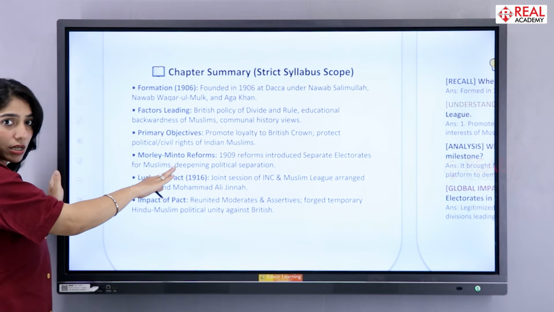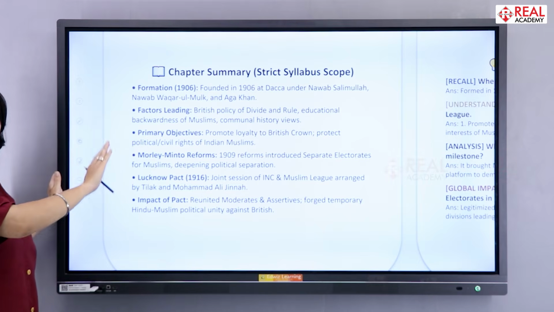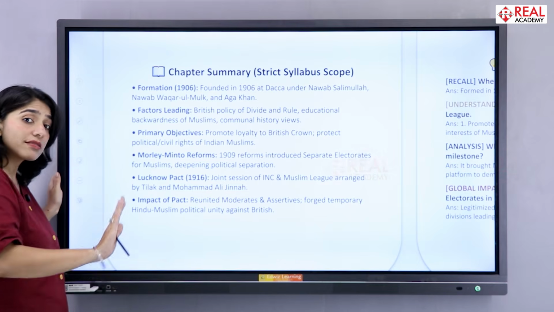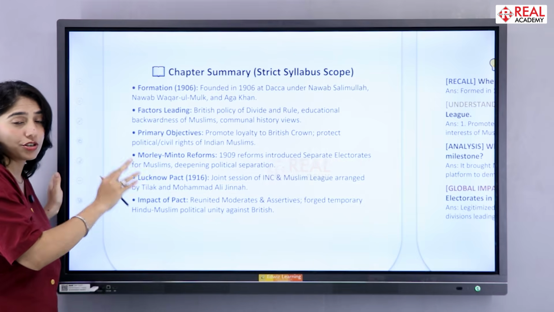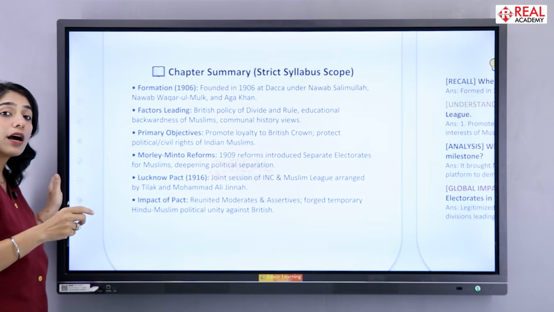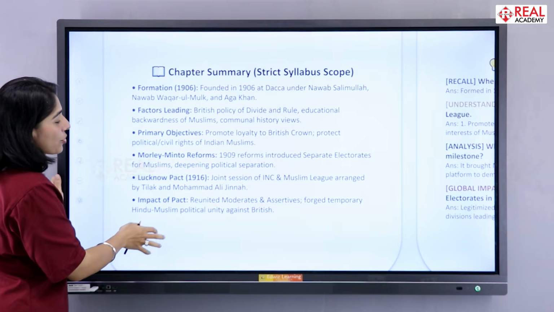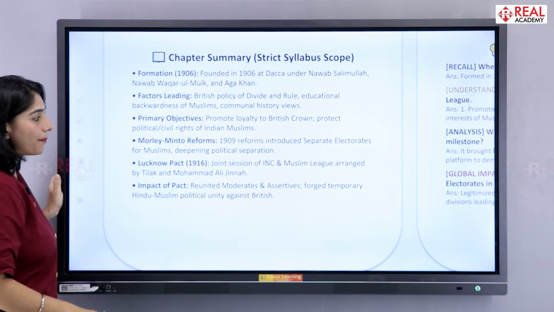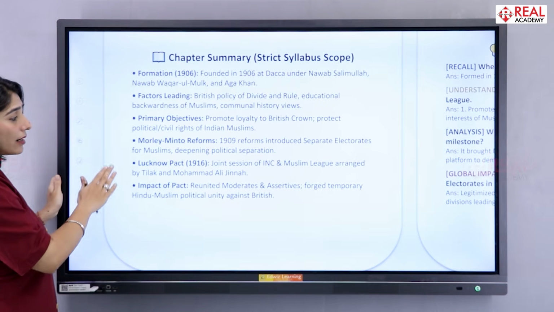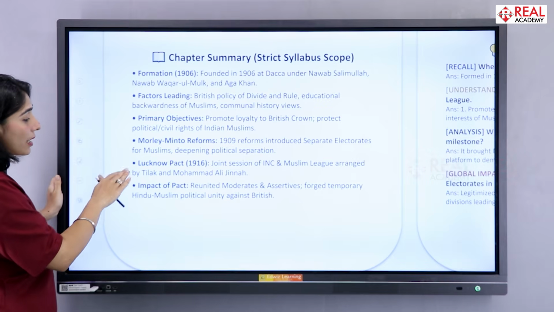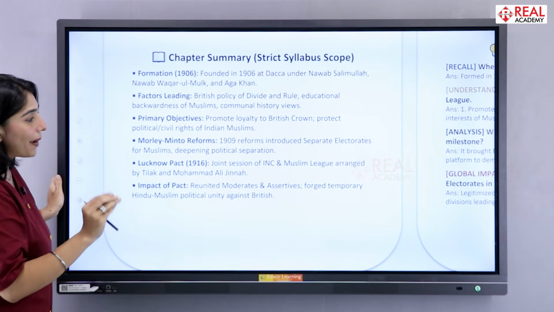After the revolt of 1857, it is not the East India Company that we're talking about as Britishers here, but the queen, the crown. Then we talk about the parliamentary reforms, then the Lucknow Pact, and then the impact of the pact.